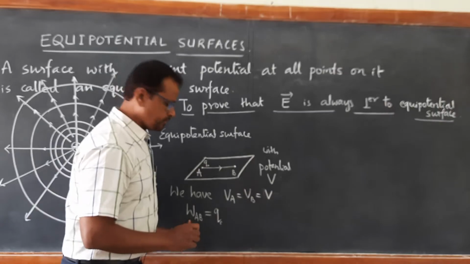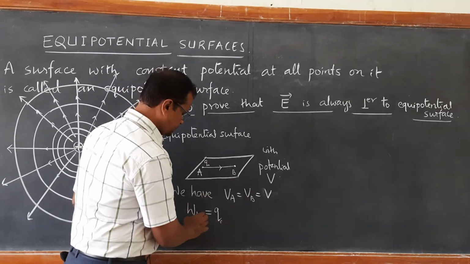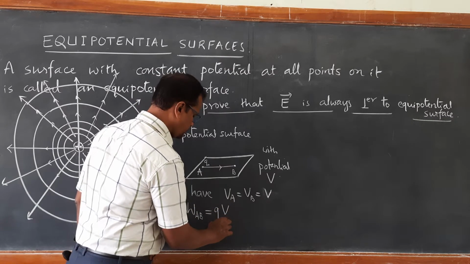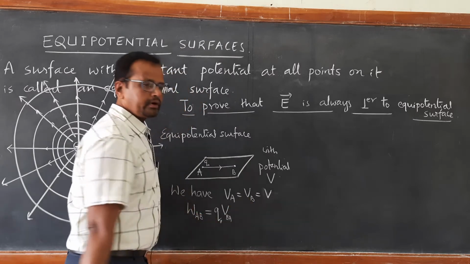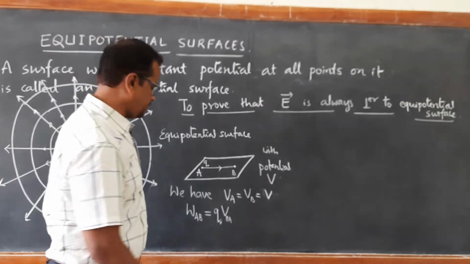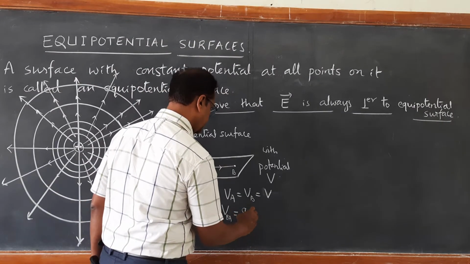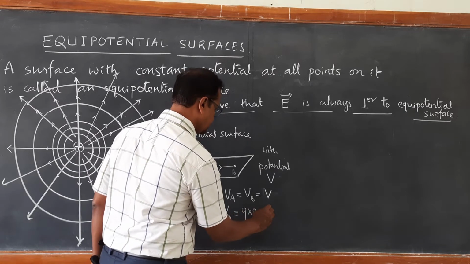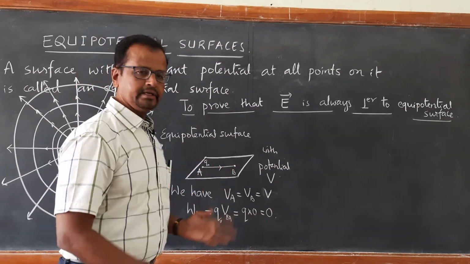Work done in moving a test charge from A to B, as we have defined earlier, is equal to Q naught into VBA, where VBA is the potential difference between B and A. VBA is 0. Therefore, work done in moving a test charge from A to B is 0.